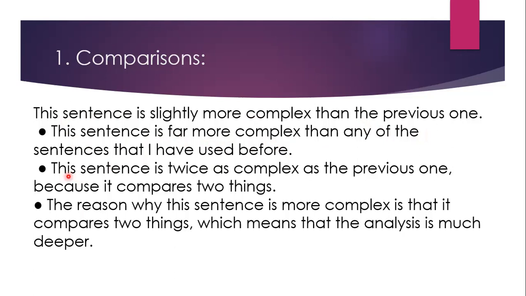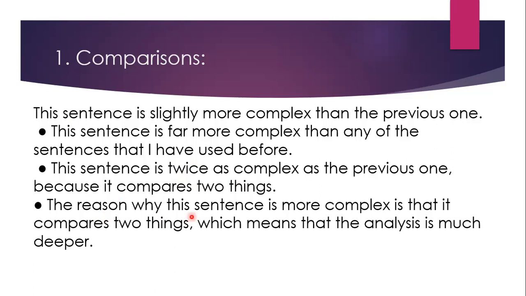Then you can say this sentence is twice as complex as the previous one because it compares two things. Understood? You added because and twice as complex. You use twice here. This also makes a sense of comparison and it eventually makes the sentence complex. Then what is the next sentence we have to make the sentence sound comparative?